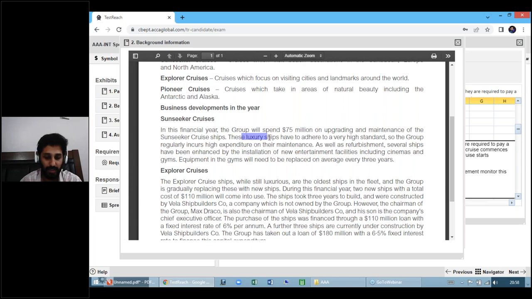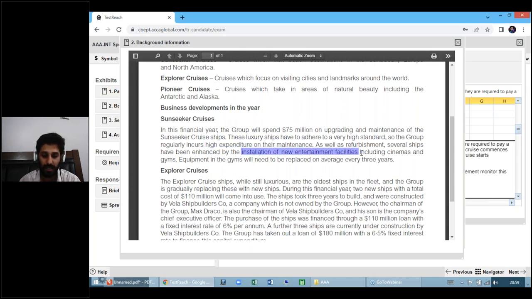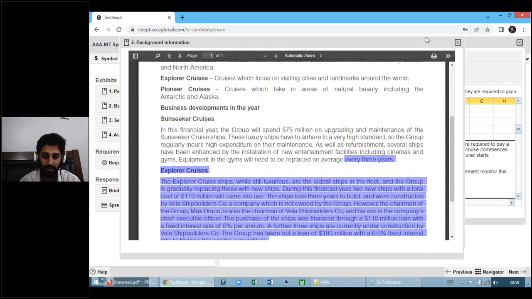These luxury ships have to adhere to a very high standard, so the group regularly incurs high expenditure on maintenance as well as refurbishment. Several ships have been enhanced by installation of new entertainment facilities, including cinemas and gyms. Equipment in the gyms will need to be replaced on average every 3 years.